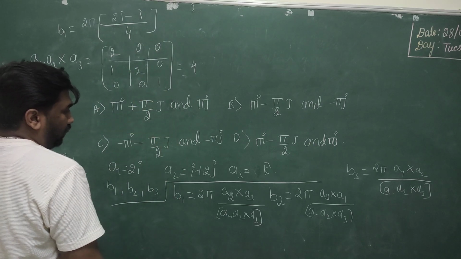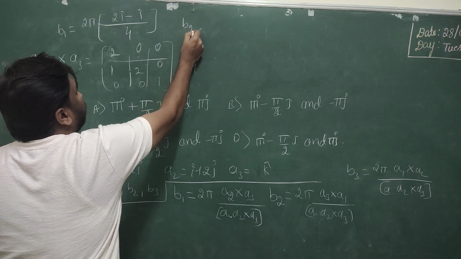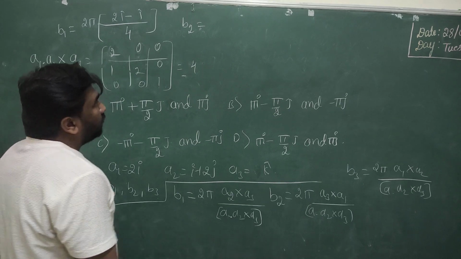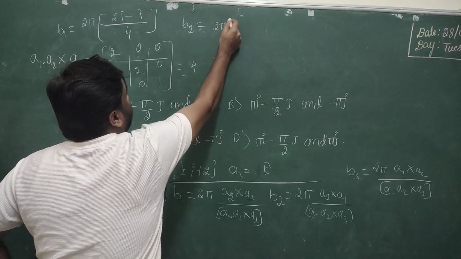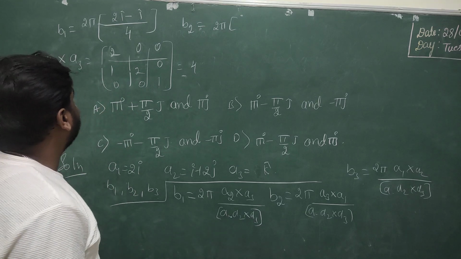Next, B2 is equal to 2 pi into A3 cross A1.